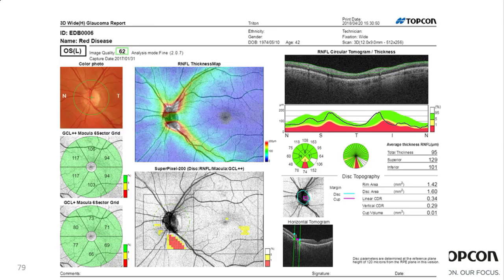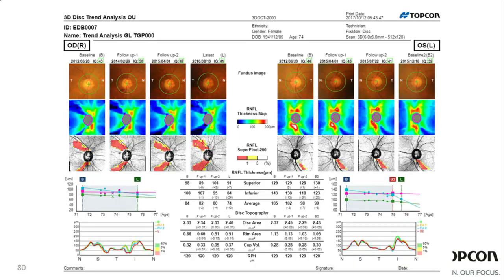There's another indication that I don't have glaucoma, because if I had this defect, I would most likely have a similar defect in the ganglion cell layer, which I do not. So this is something that's called red disease. But it shows how well you can use this information to really try to figure out whether it's a real glaucoma or a false one.